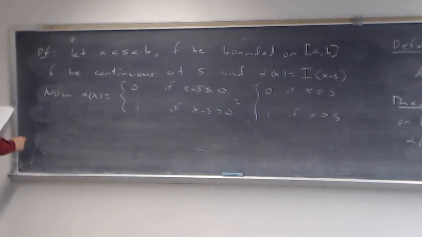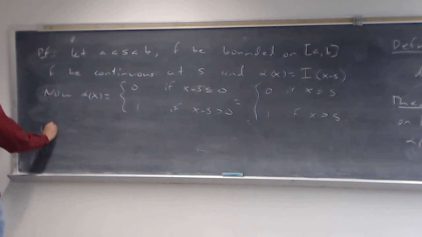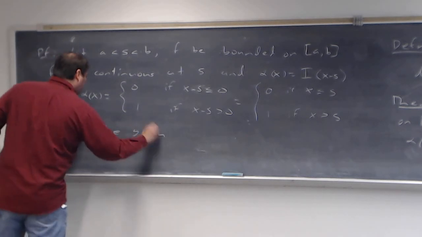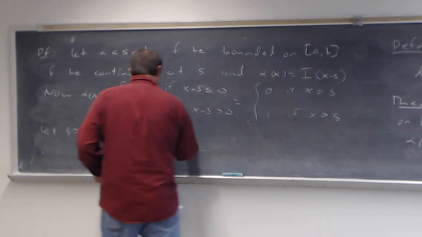Okay. Now, what we're going to first do is show that f is integrable with respect to this alpha. And so we let epsilon be greater than 0 be given. As I write this down, the proof in the book is fairly short. I've added a good bit of details, maybe too many details, but here's what they do.